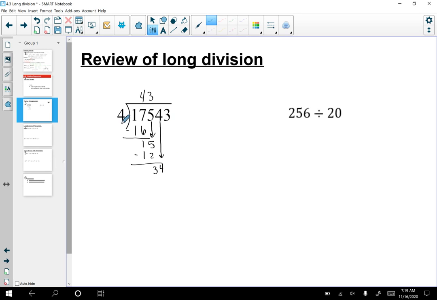How many times does 4 go into 34? 8 times, right? 8 times 4 is 32. I subtract. 34 minus 32 is 2. I bring down my 3.